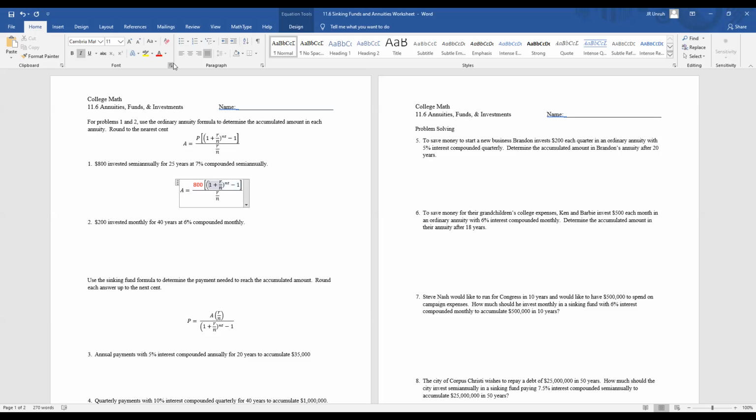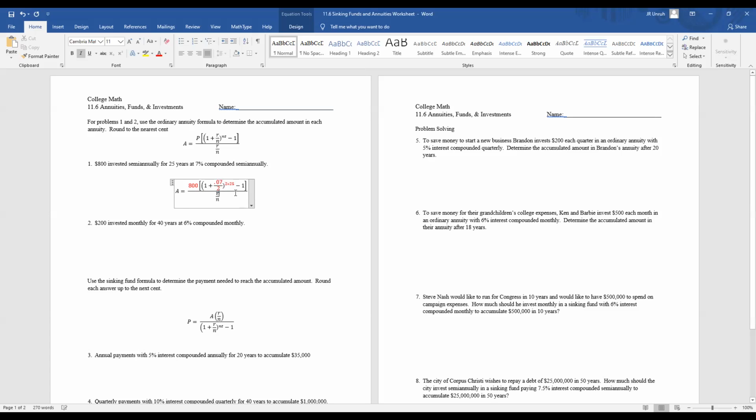We've got 1 plus our rate, which is 7%. Don't just put 7 in there; that needs to be 0.07. We're told it is compounded semi-annually, which is twice a year, so we put 2 in for n. As far as our exponent goes, n is 2, and that's times 25 years.